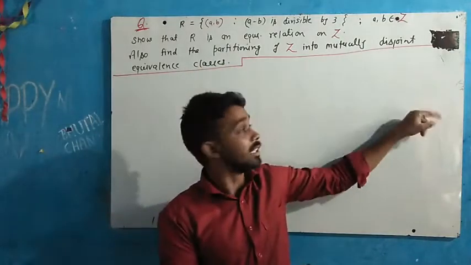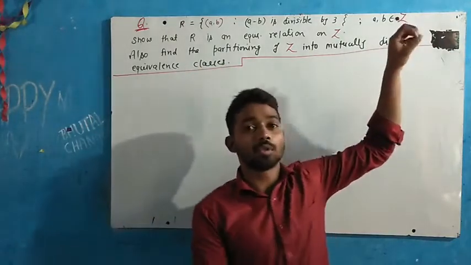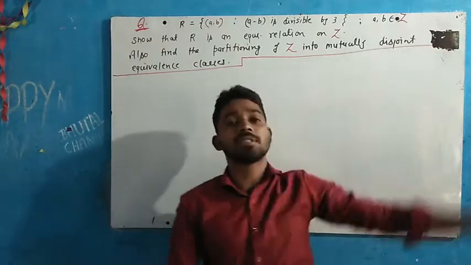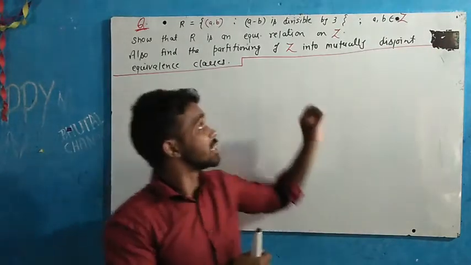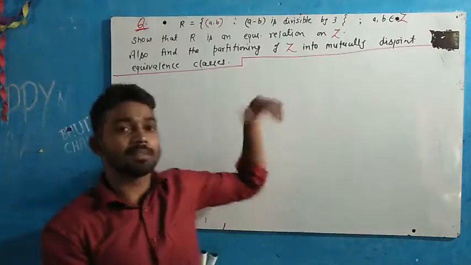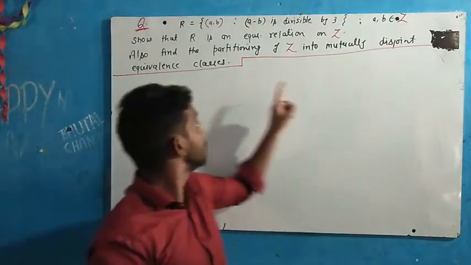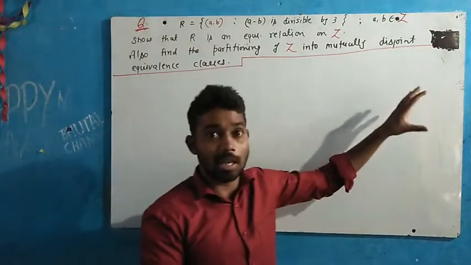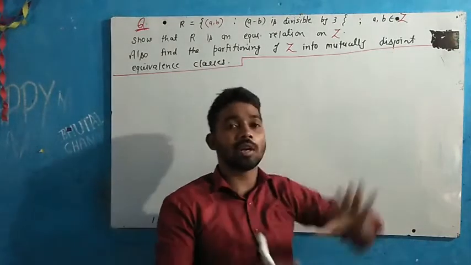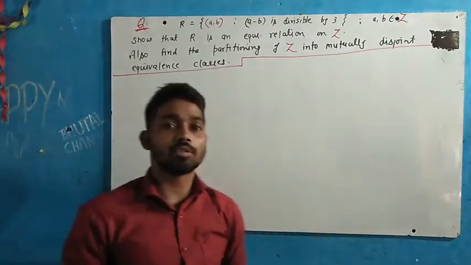It means we have to break this set Z into some equivalence classes which are totally disjoint. Disjoint means different, separate. Clear? So let's start the solution.